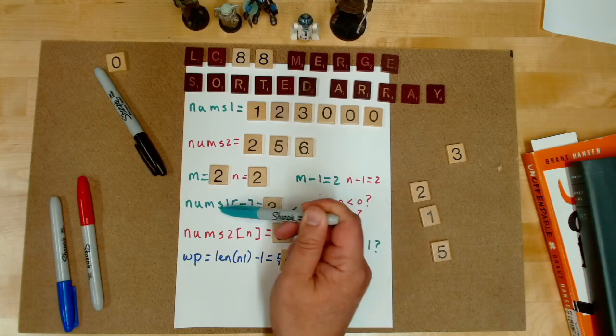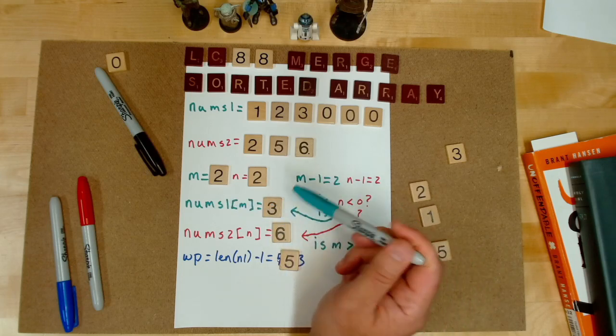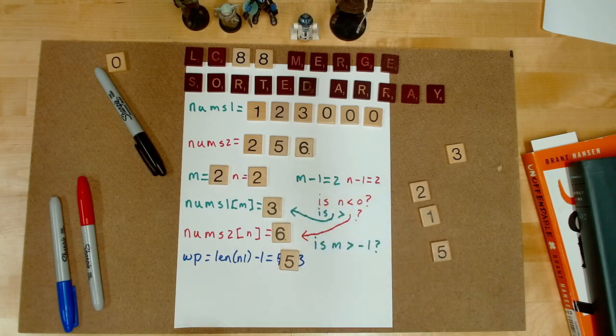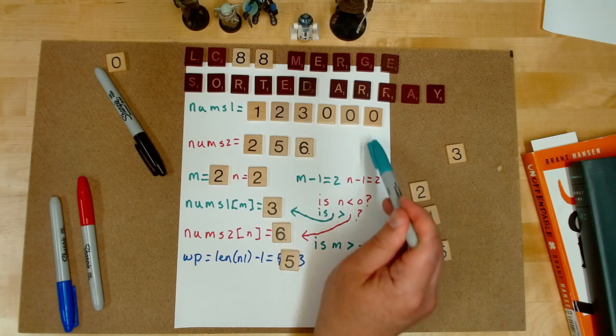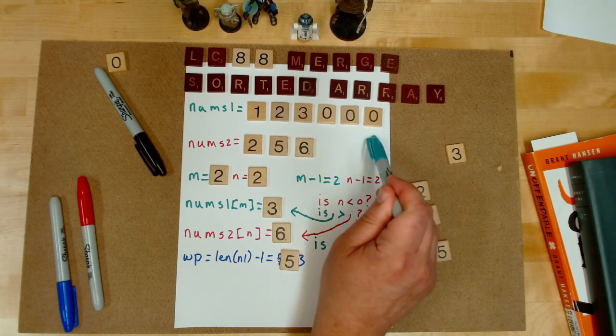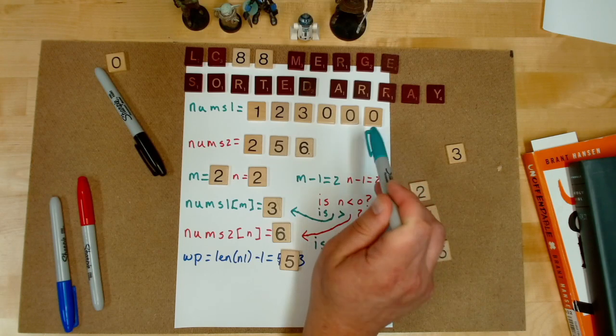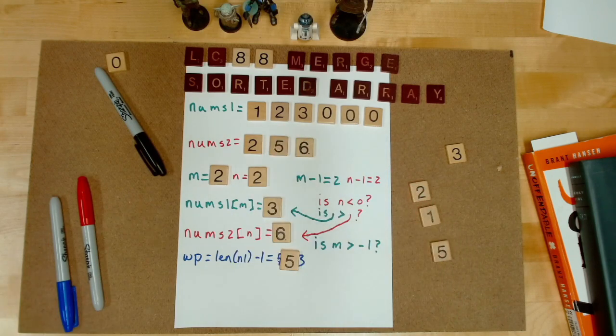We're not actually going to have a variable to store these values in the code. This is just for us to see them a little bit easier. And then we have our right pointer that is pointing to the final index in nums1. And that's where we're going to write basically our largest value each time, because this is sorted in non-decreasing order, and we're just going to merge them.